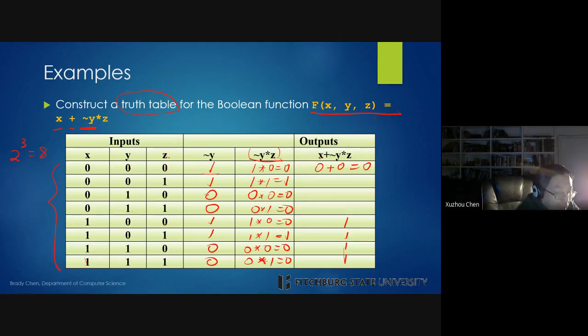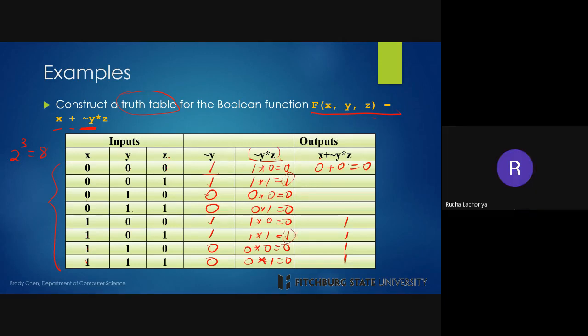So if x is 1, it doesn't matter what the second item is. It's always 1. If the second item, the negation y times z, is a 1, then it's also 1. But when there are 2 zeros, then it will be a 0. There is no 1 in it.